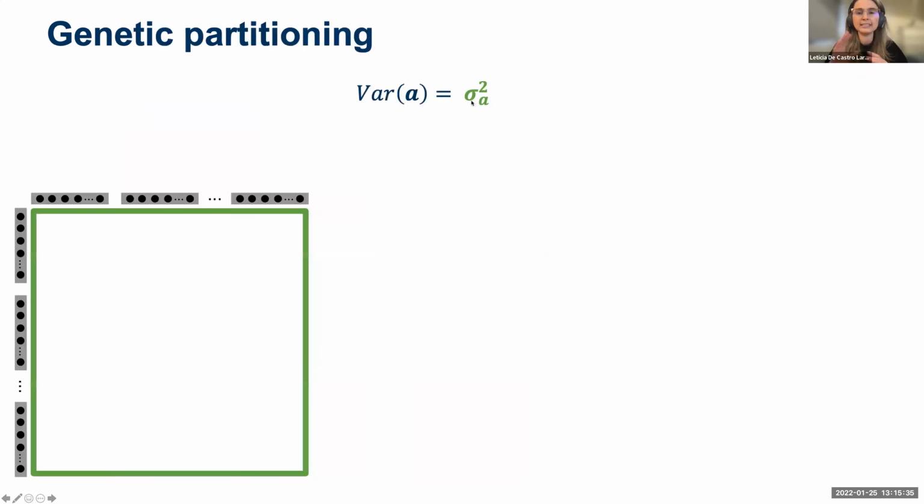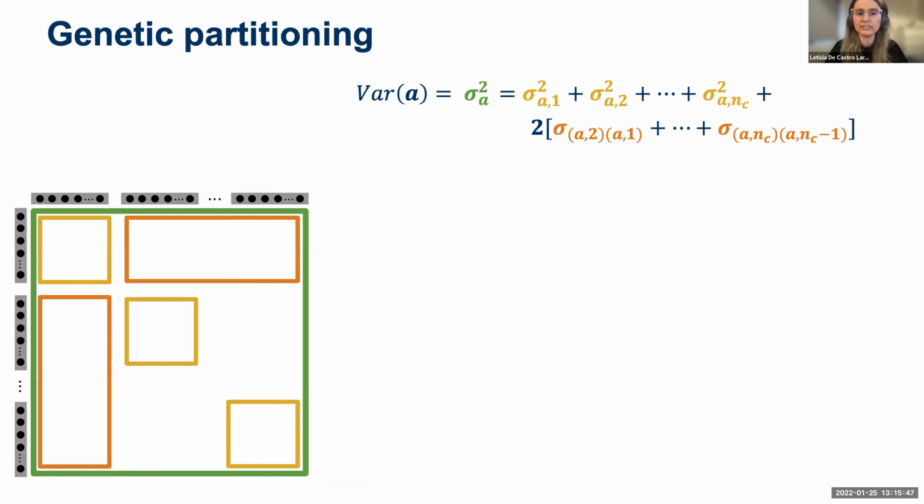So adding some equations here in this genome partitioning. Again, we have the whole genetic variance, and we can partition that in 2 levels. The first level is to split that into chromosome variance in yellow, and the sum of covariance between chromosomes in orange.